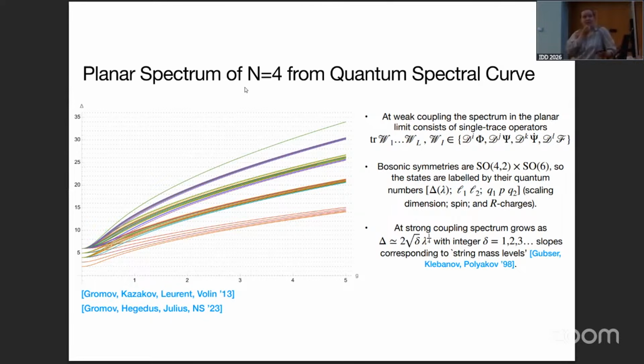This solution is obtained by the quantum spectral curve numerically. So here on the plot, you can see the spectrum. Of course, we have a coupling g which goes from 0 to 5, and then we have our spectrum up to the bare dimension 6.